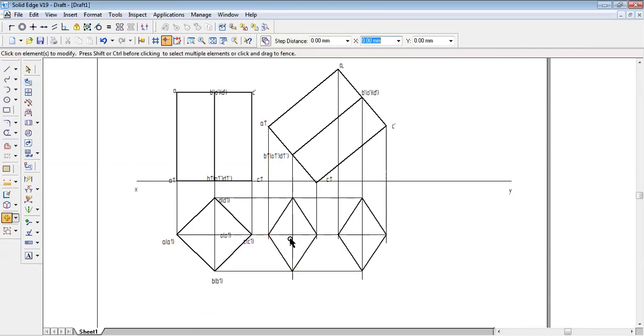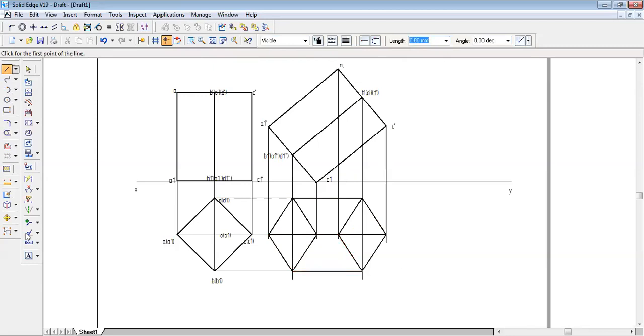So here this is the base A1, B1, C1, D1, because A1 is here, A1 is here, this one will become A1, B1, B1, C1, C1, D1. So this is the top face A, B, C, D. So I will join the side faces now. Join all the side faces like this.